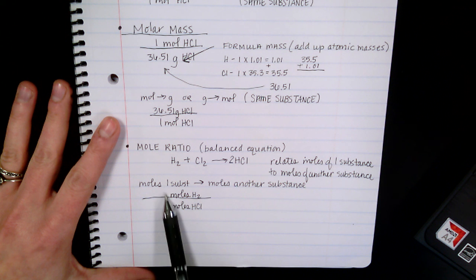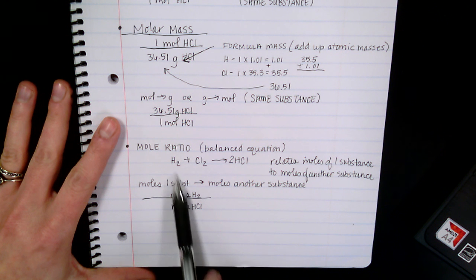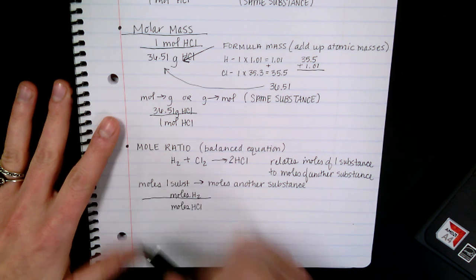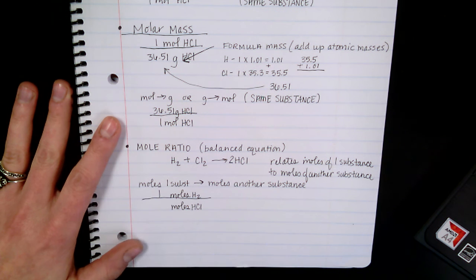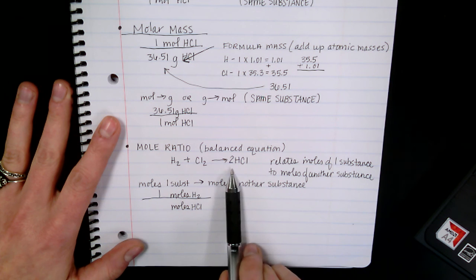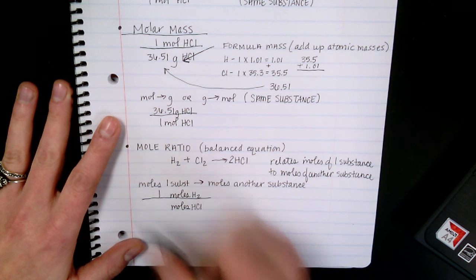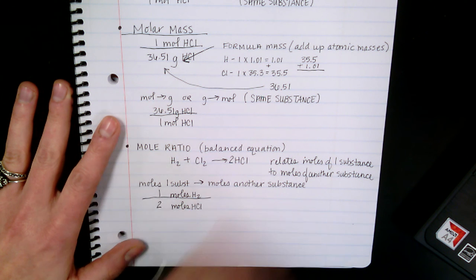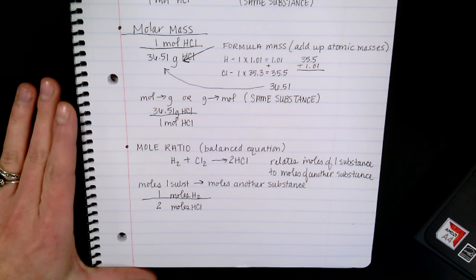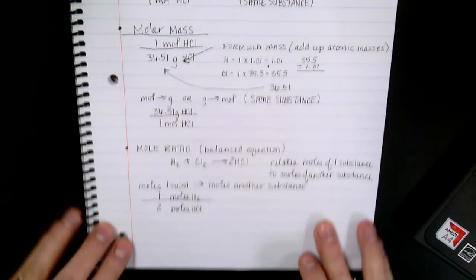Okay, so that'll be the numbers you put here. So if we look at moles of H2, we look up here. H2 doesn't have anything in front of it. That's just 1 mole of it. If we look at HCl, it's got a 2 in front of it, so that coefficient becomes the number of moles that we have of HCl.